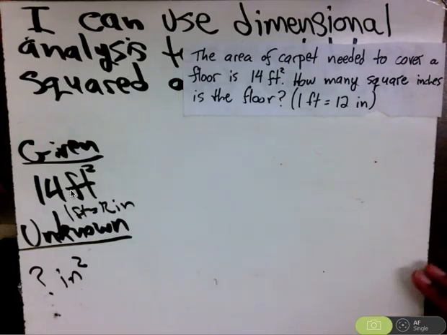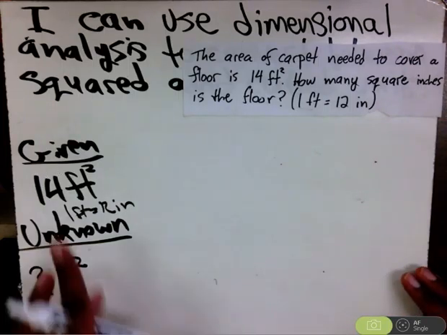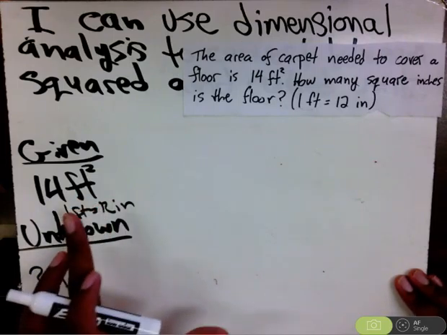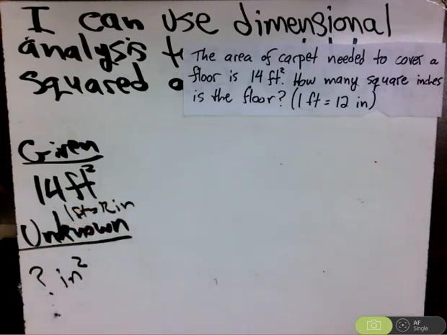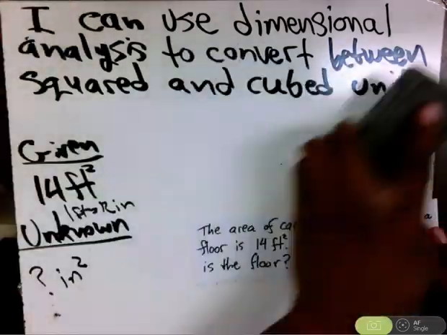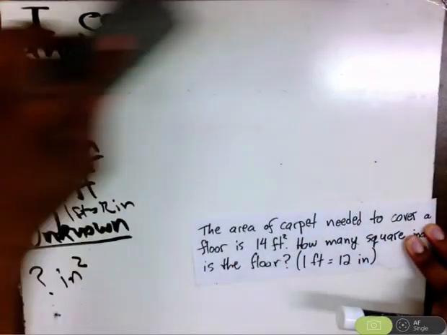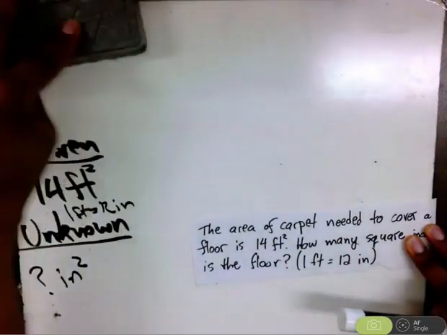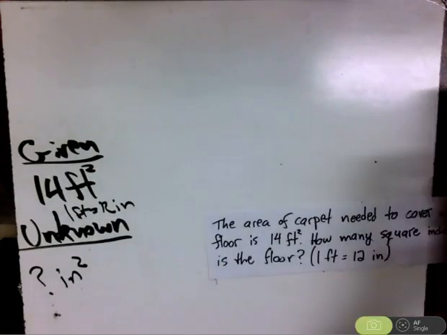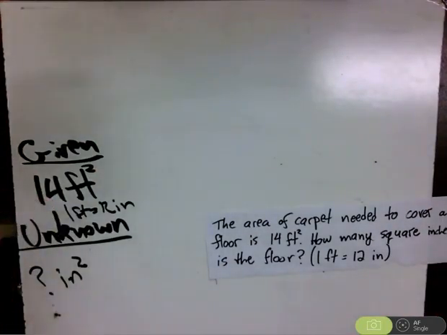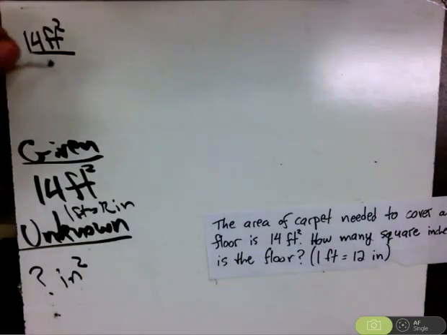So our first step, we are going to take our given quantity and turn it into a fraction. First, let me erase all of this so that I have a little bit more room to work with. All right. So given quantity, 14 square feet turned into a fraction.